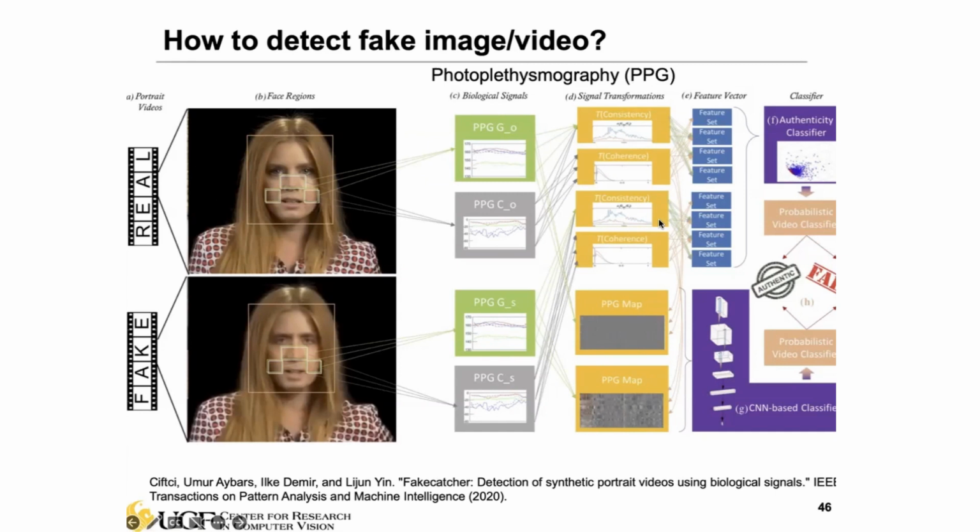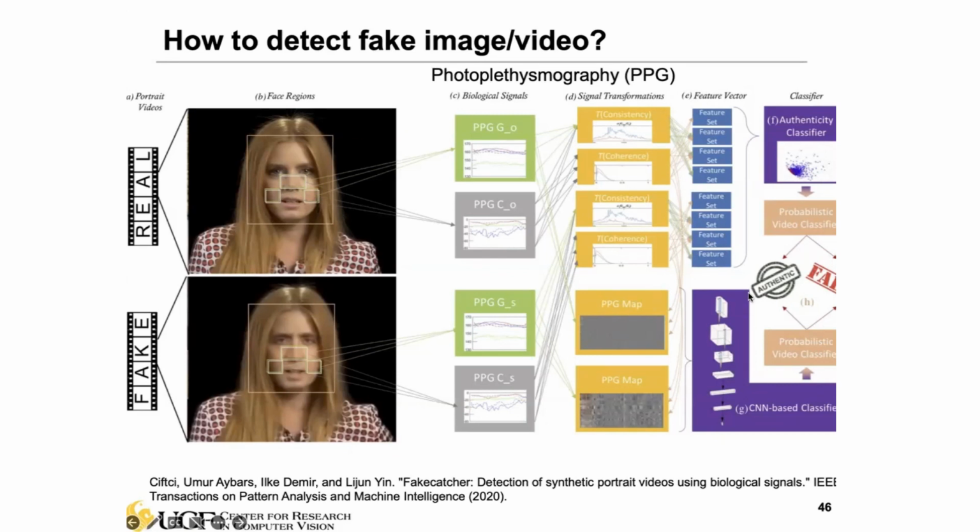So they can use a training set containing the real video and also the fake video, and try to estimate these kinds of biological signals and use this as a mechanism to detect if this is a real video or fake video.